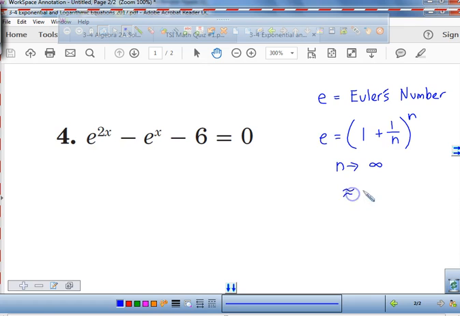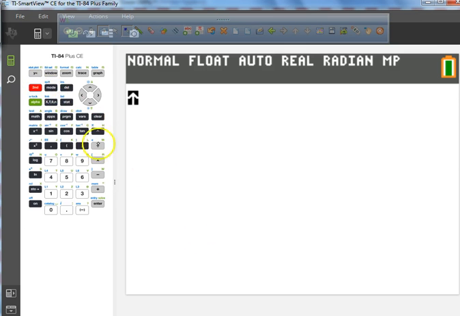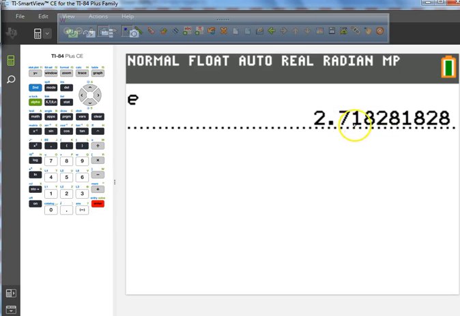It's an irrational number. It means like 2.718. So as n approaches infinity, it gets really, really close to this approximate value. If you go to your calculator and type in E by itself and press enter, you're going to get that 2.718.